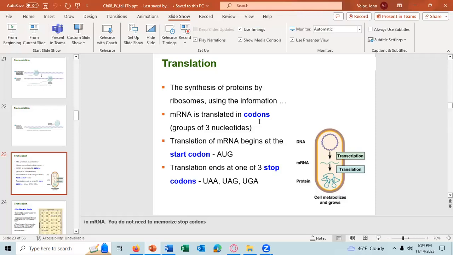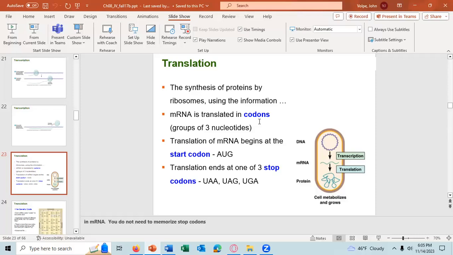Surprisingly, translation does not begin at the start of the messenger RNA. When the ribosome binds to the messenger RNA and then moves down it, protein translation does not begin at the start.